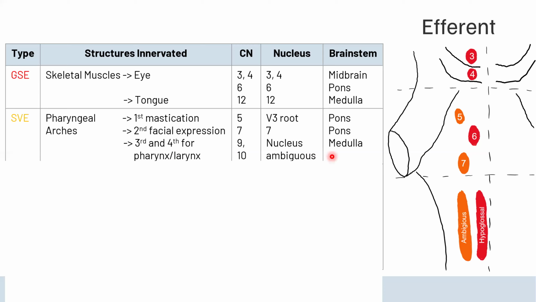Perfect. Now, what was the last thing that we had in efferents? We've done general somatic, we've done special visceral. What else do we have? General visceral efferents. Perfect. So general visceral efferent is for what?